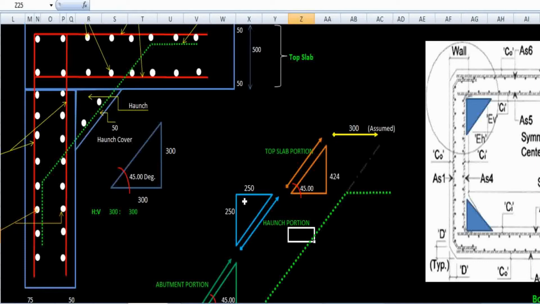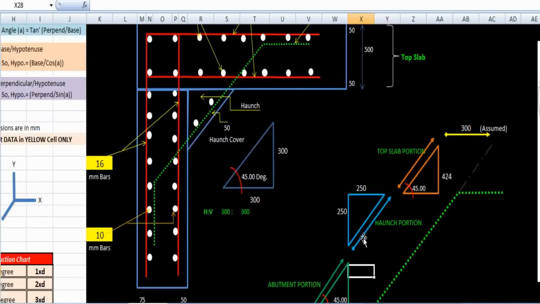Okay, haunch portion. The value from here to here we have got as 300 minus 50 mm, that is 250, and 300 minus the cover 50 mm, so from here to here the value is 250 mm. So from this similar triangle we have the formula hypotenuse square equals base square plus perpendicular square.